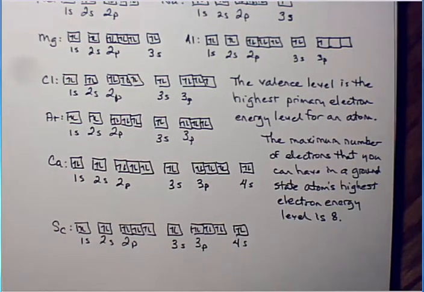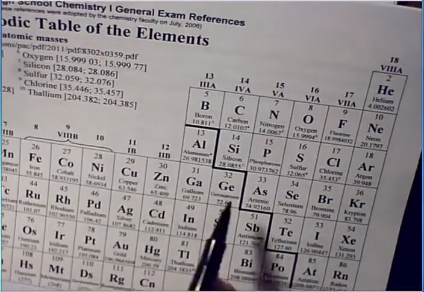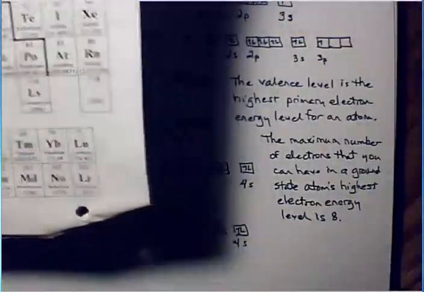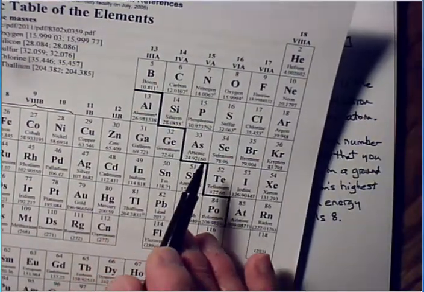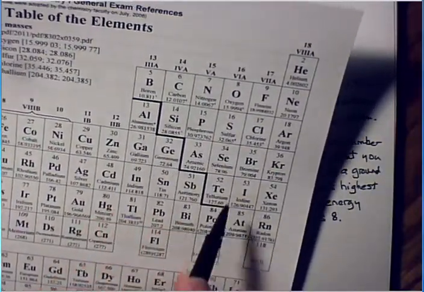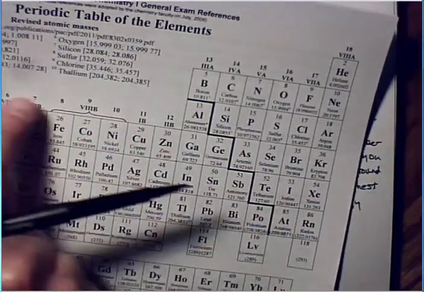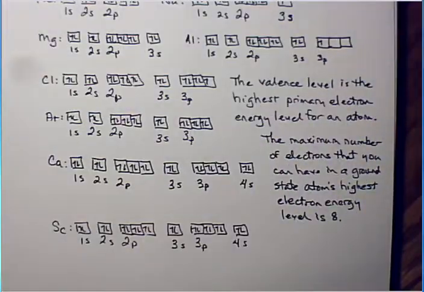We need one more electron, and it can't be in the highest energy level, because when we get over here to gallium, germanium, arsenic, and so forth, those are going to have electrons in the highest energy level. So these electrons actually have to be placed in a lower energy level.